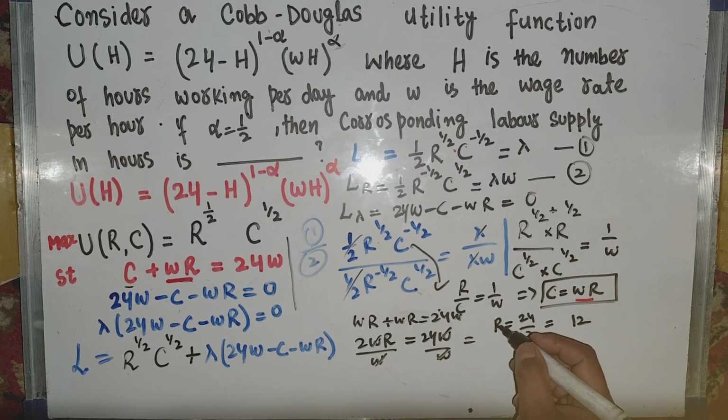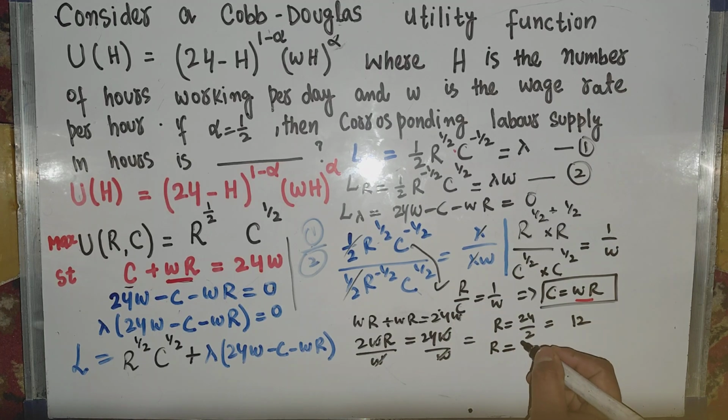That means the person is using 12 hours for leisure. But we are being asked how many hours he will work, that means the labor supply.